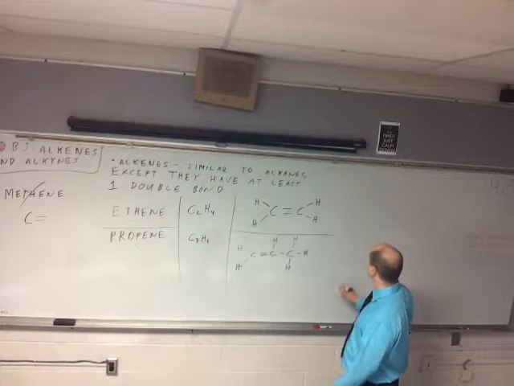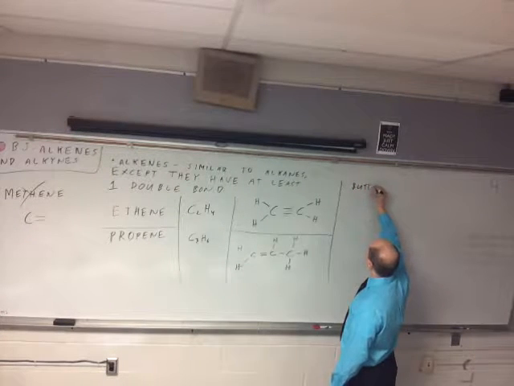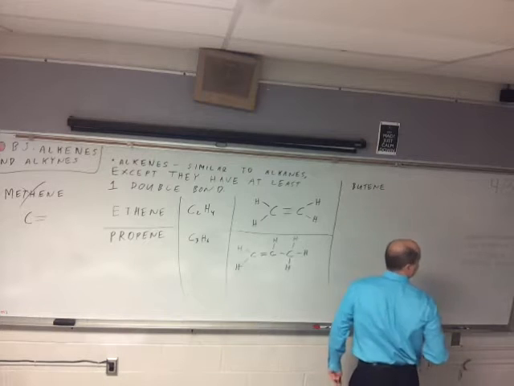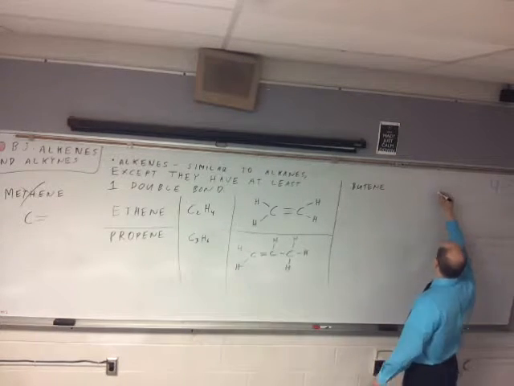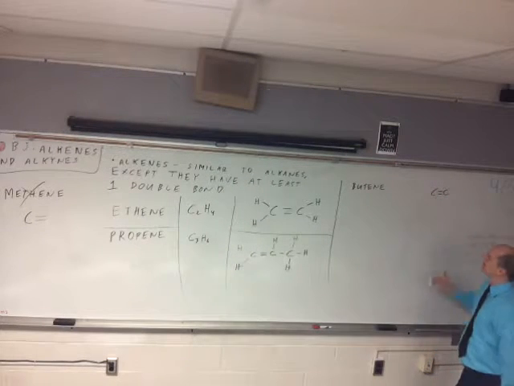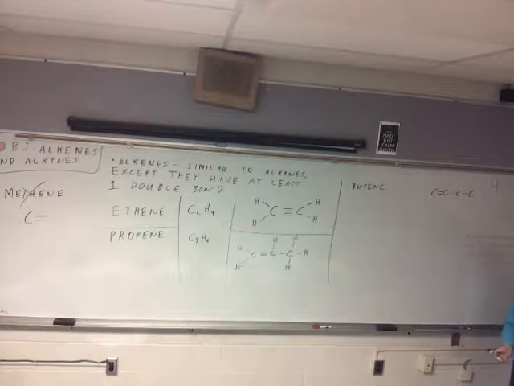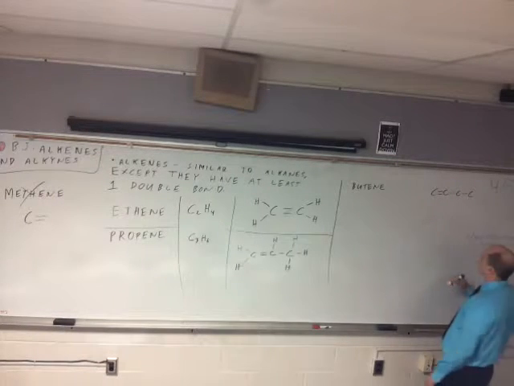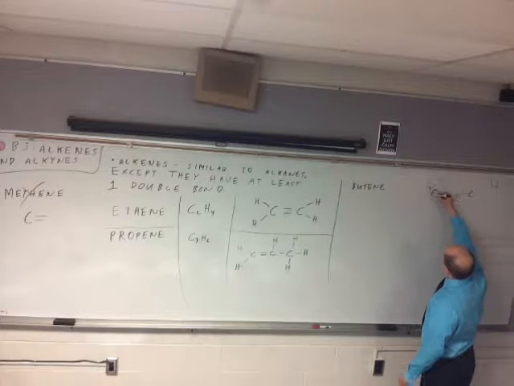All right, and let's do butene. So this one's going to have 4 carbons. C, the double bond, and then we'll just put single bonds to the other 2. Yeah, it could have more, and you can still call it butene. First carbon's going to get 2 hydrogens.